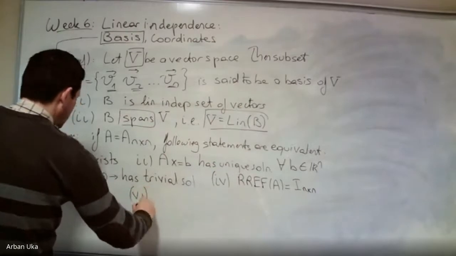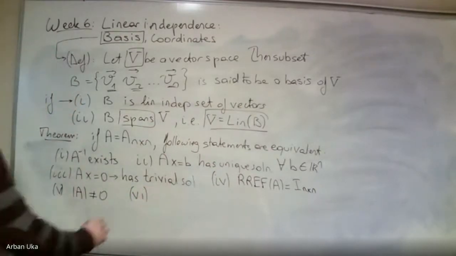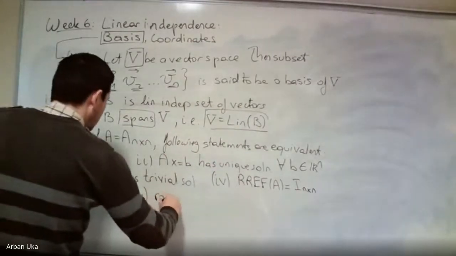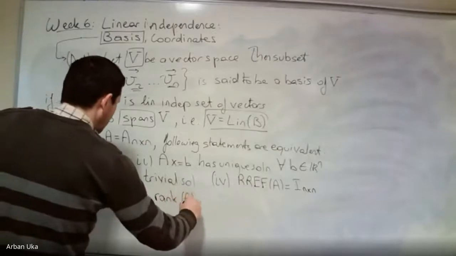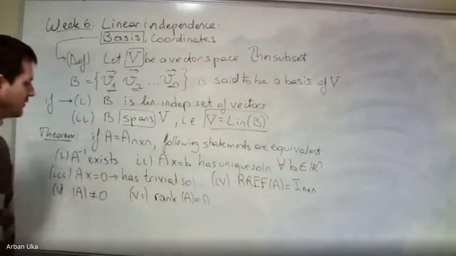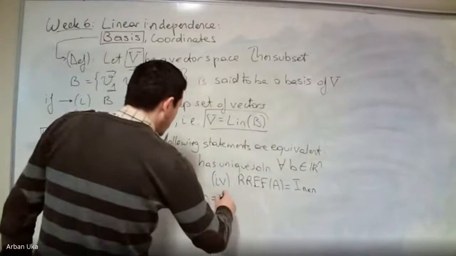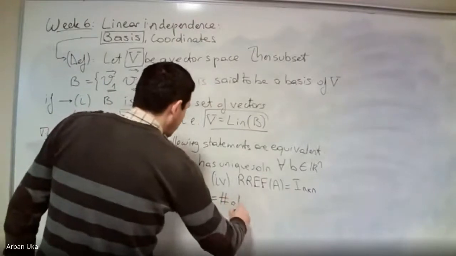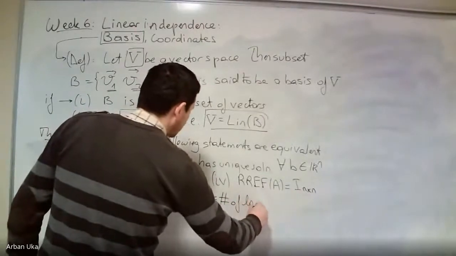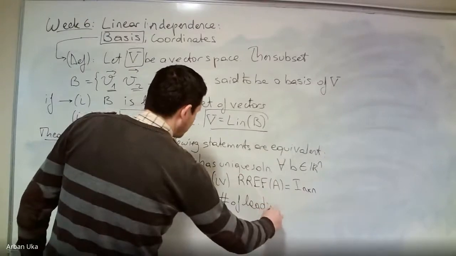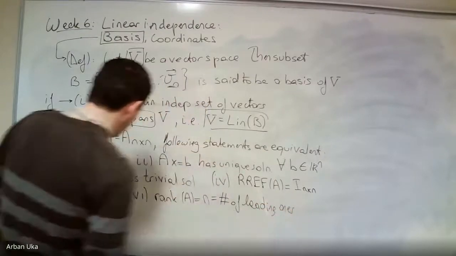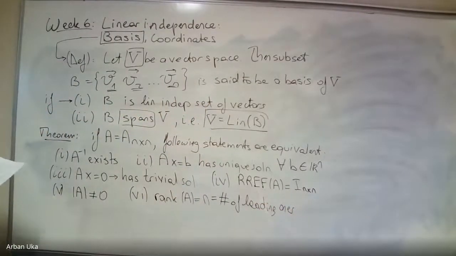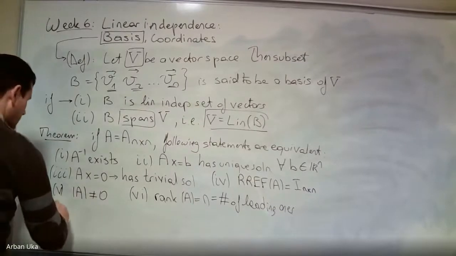Then here we have a sixth statement, which states that the rank of A is equal to n, and the rank of A equal to n is also equal to the number of leading ones. So this is true, and this is the sixth statement.